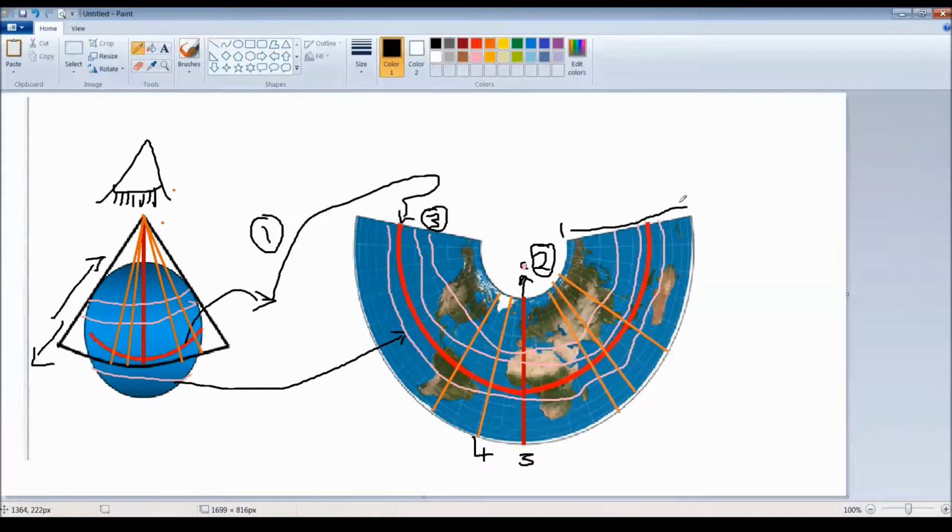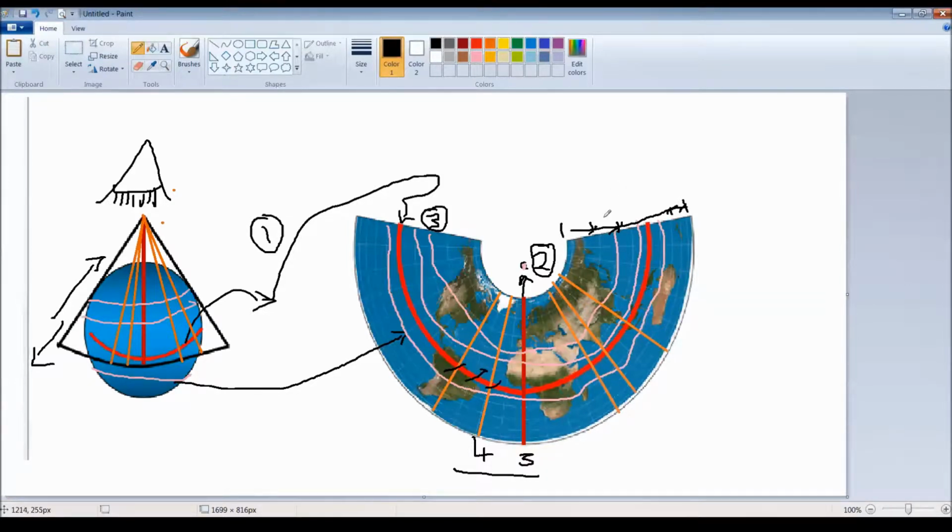If you look here, the distances are changing. So there is going to be distortion in the distances between the latitudes, while if you look here, the distances between the longitudes are constant. So that's one or two other properties.